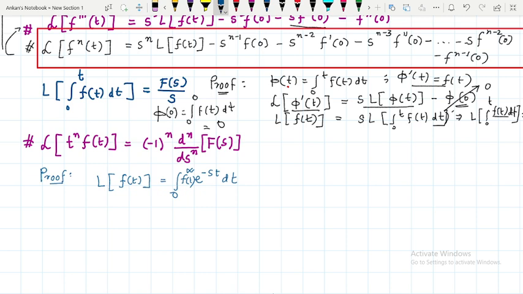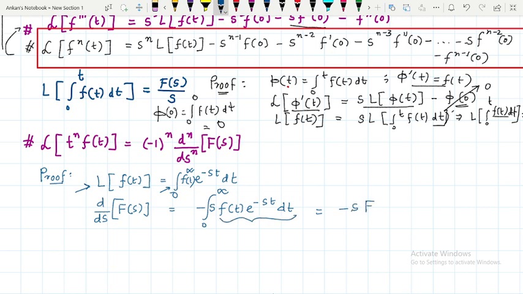Now dF/ds means, if we take the derivative on both sides with respect to s, it will give the integral from 0 to infinity of minus s f(t) e to the power minus st dt. So it gives the minus s Laplace transform of the function f(t).